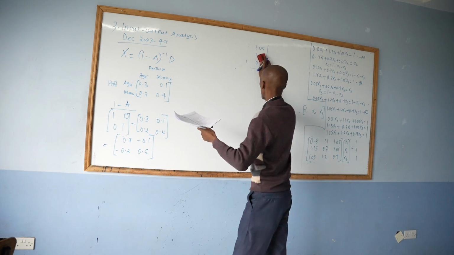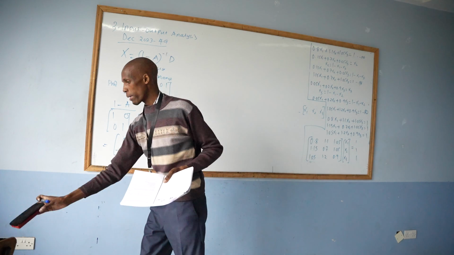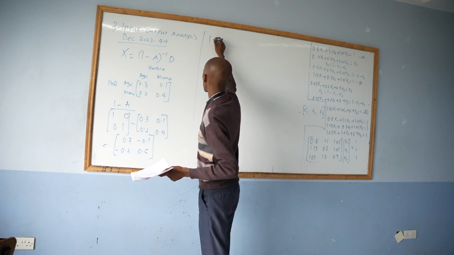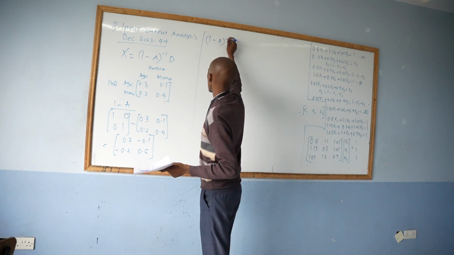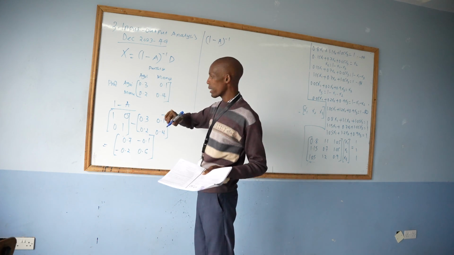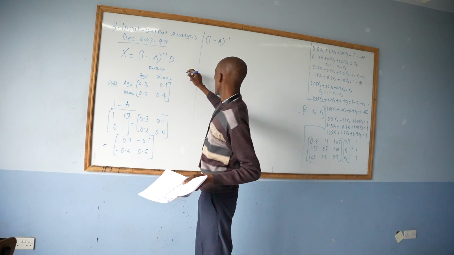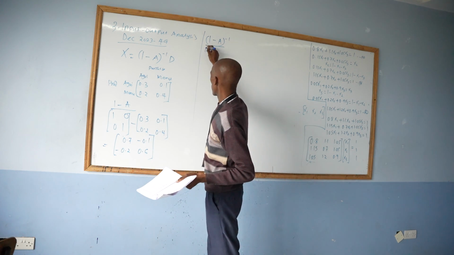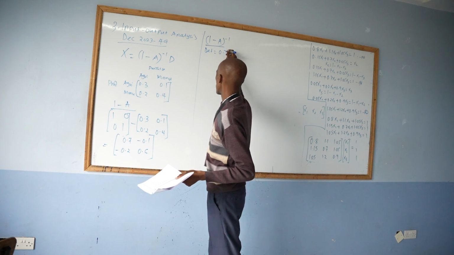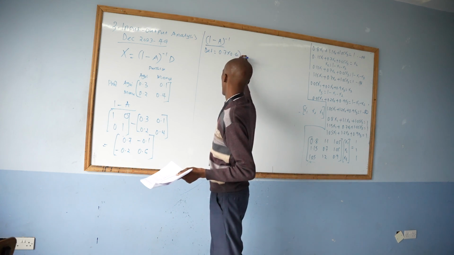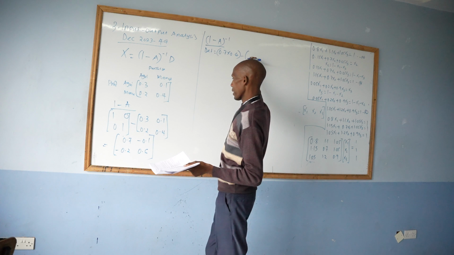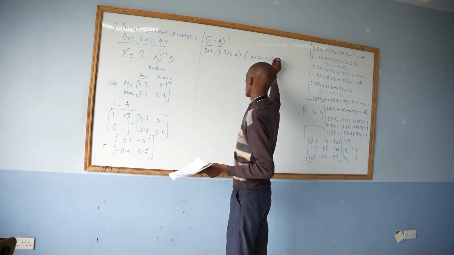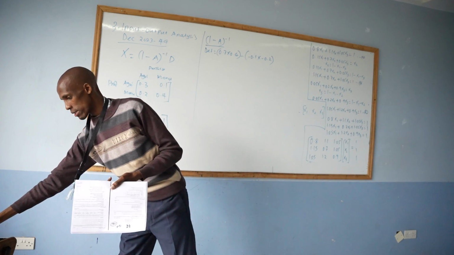Now you get the inverse of 1 minus A. In our questions we have done several of them. So for the inverse, you get the determinant first, which is 0.7 times 0.6 minus in bracket negative 0.1 times negative 0.2. So what's the inverse?